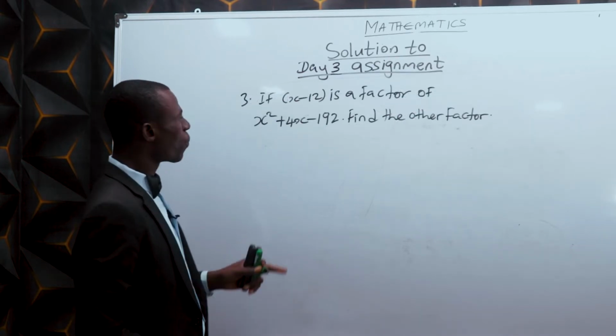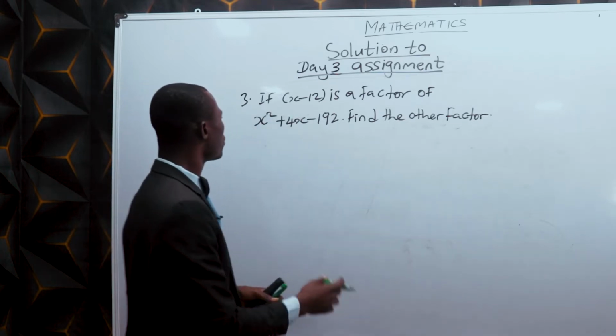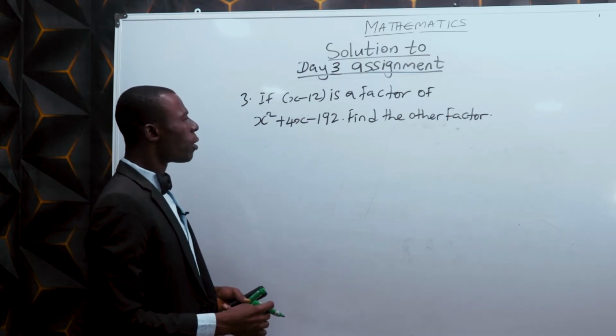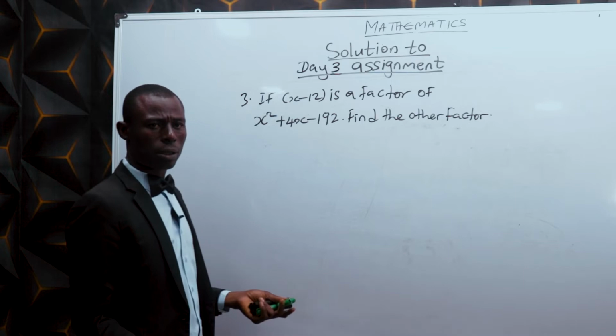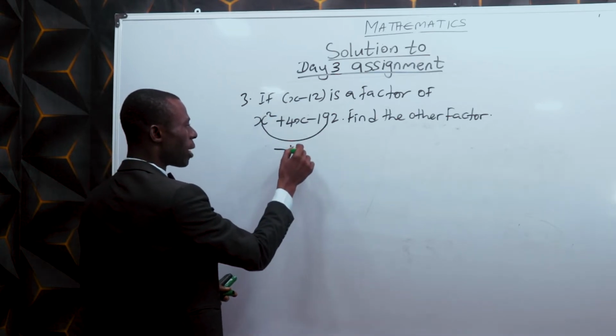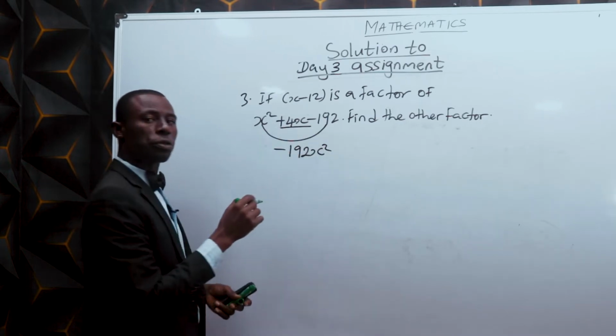Question 3. If x minus 12 is a factor of x squared plus 4x minus 192, find the other factor. The same process. We have minus 192x squared. And we underline the middle term.